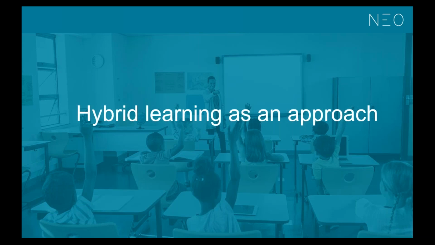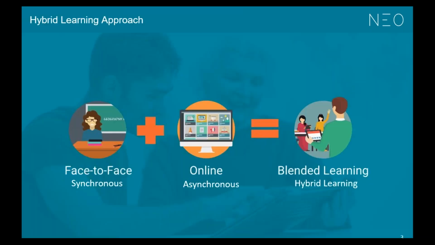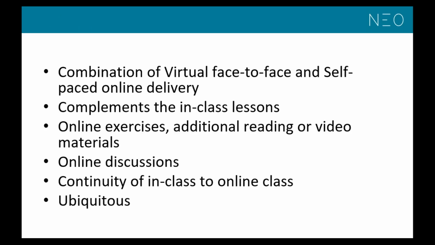So as we all probably know, hybrid learning or blended learning is a combination of face-to-face and online delivery of class. So face-to-face plus online equals blended learning or hybrid learning. It complements the in-class lessons and activities that we're doing with virtual or online exercises or online classes.